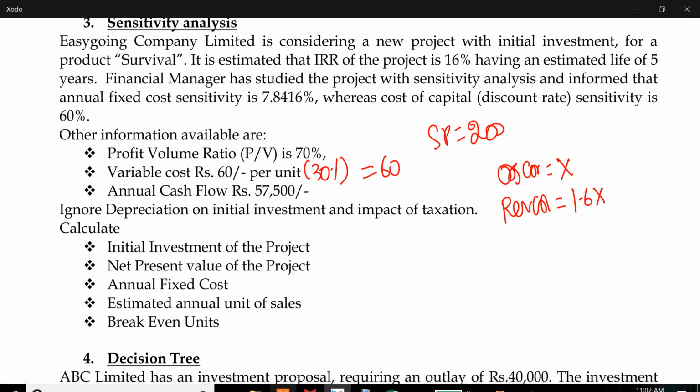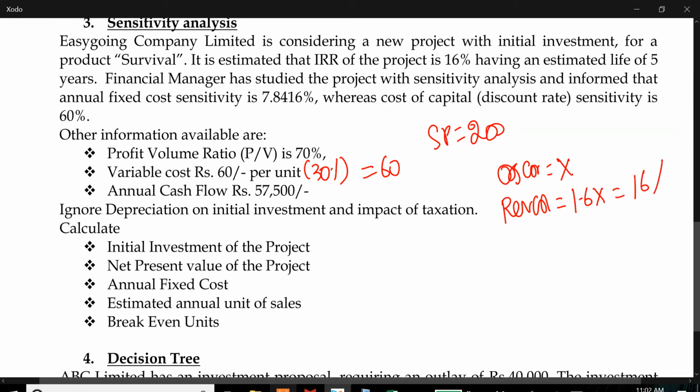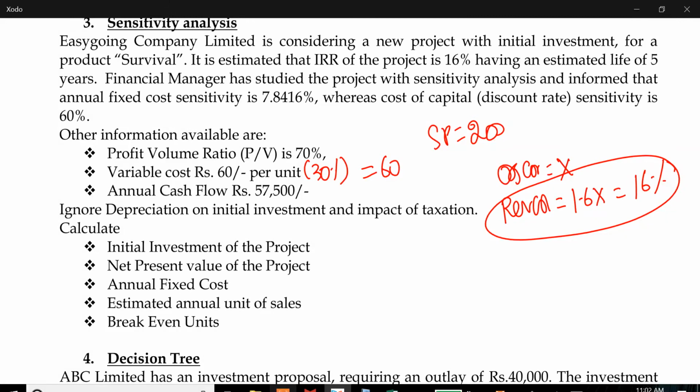The original discount rate is X, the revised discount rate is 1.6x. At 1.6x, I'll generate 0 NPV, and that 1.6x is the IRR of 16%, because IRR is given in the question. Clear? Any doubts on this?